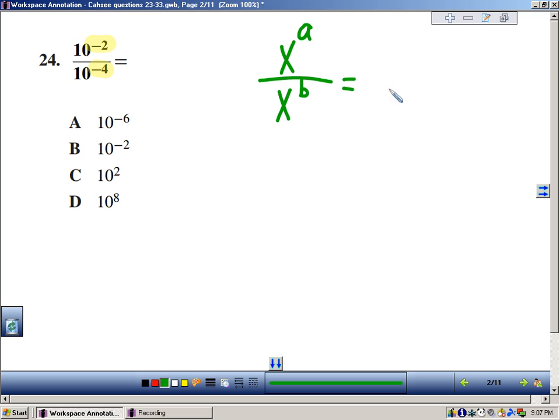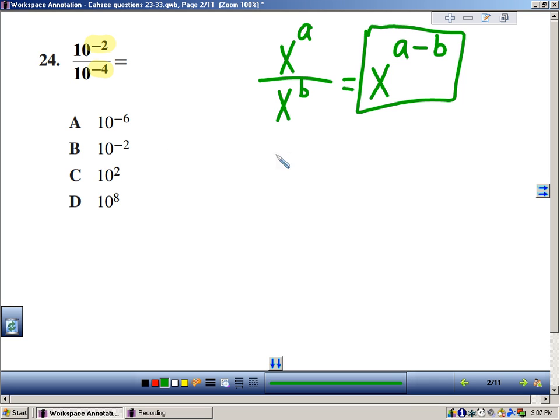What that means is that you're going to take the numerator and its power, x to the a, and you're going to subtract the denominator's exponent. And so that's the step there, guys. You subtract a minus b, or b from a. So let's try this.